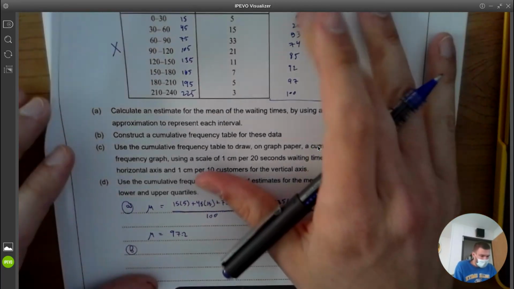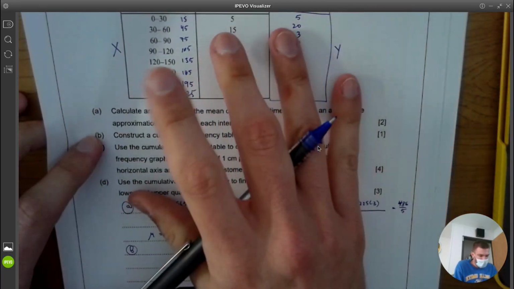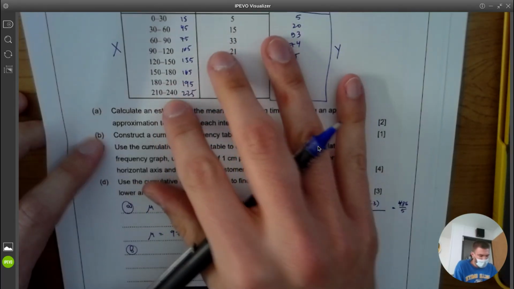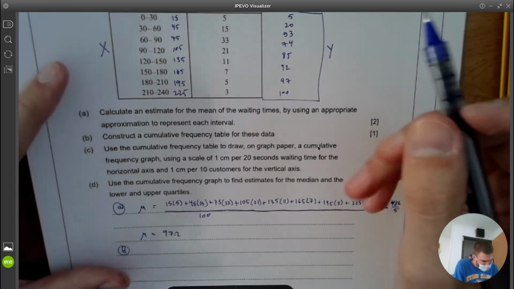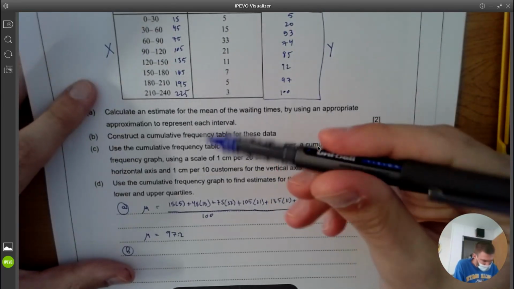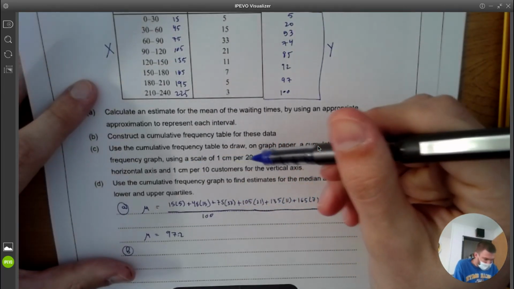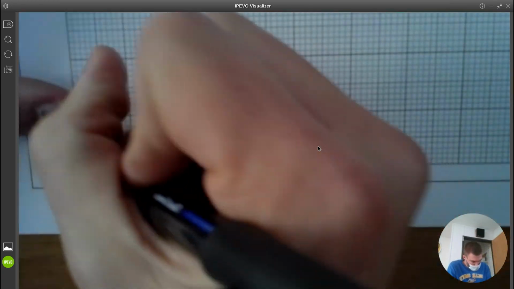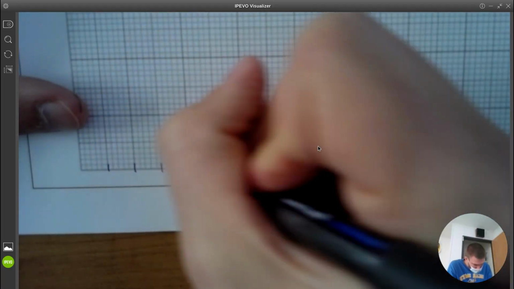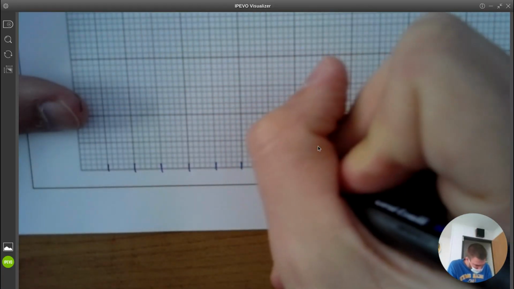So I need to go from 0 to 100 on the left, and from 0 to 240 on the bottom. Now it tells me how to do it, and this is annoying, I think, but 1 centimeter per 20 seconds for the horizontal axis. These are the centimeters, 5 little boxes.